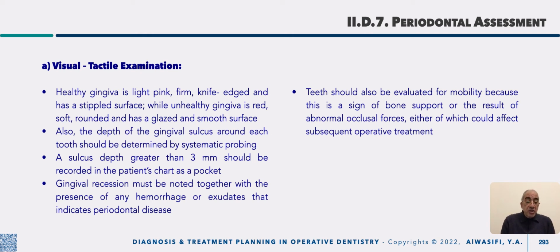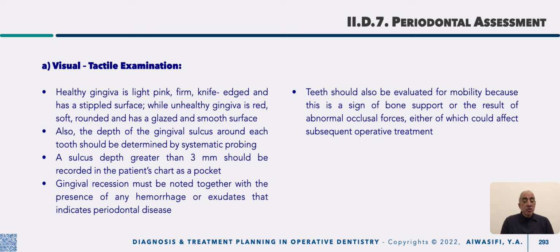Also, gingival recession should be noted, hemorrhage should be noted, and tooth mobility should be evaluated to determine the degree of damage of your periodontal support. But please note that sometimes this mobility may be due to abnormal occlusal forces or due to eccentric occlusal habits.